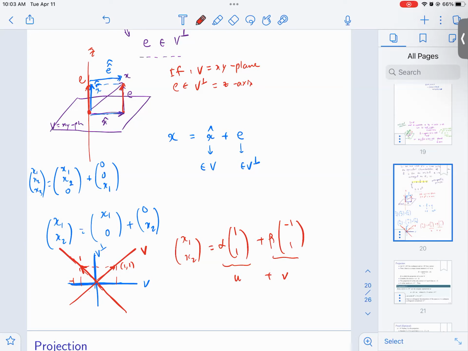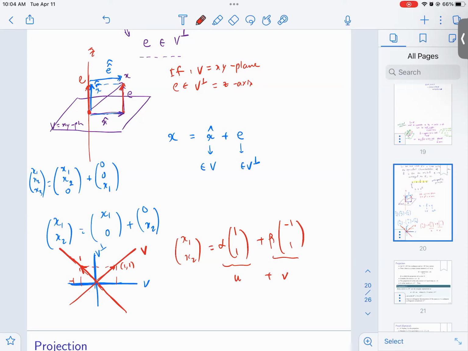Yeah. Is the dimension of V perp always equal to V? That's a good question. Here the dimension of V perp is equal to V. How about here? V is the XY plane, V perp is the Z axis. So what are the dimensions?